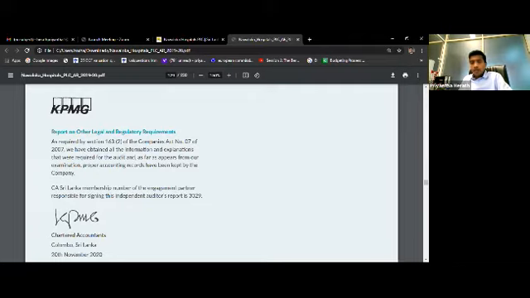I will repeat. If there's a disagreement between management and the auditor, they qualify it. Let's say the provision for bad debts is not sufficient as per the auditor's opinion, right? So then they can qualify. They say, based on our judgment, the bad debt provision should be this, but the management says the provision is this. Then they disclose the profit is overstated by this amount and the provision is understated by this amount.